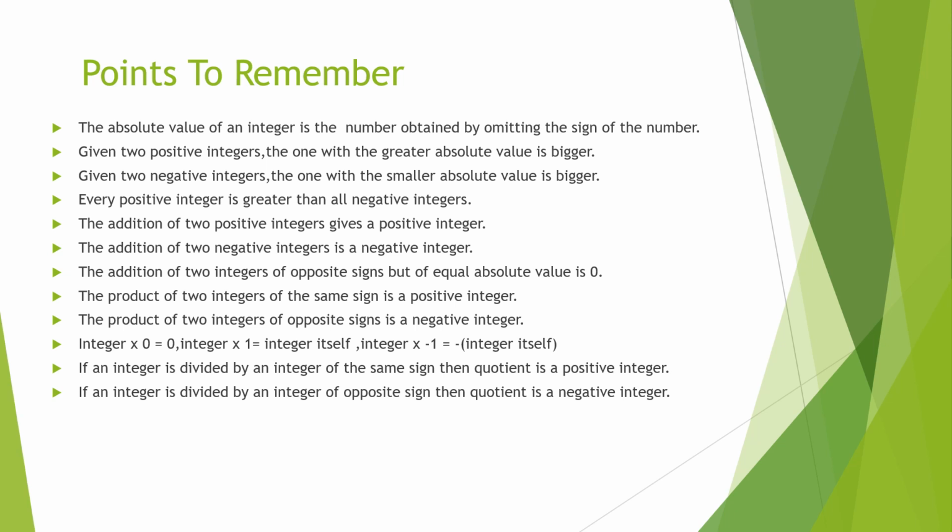The product of integers of the same sign is a positive integer. The product of two integers of opposite sign is a negative integer. So, if we are multiplying integers of opposite sign, one positive and the other negative, their product will be a negative integer.